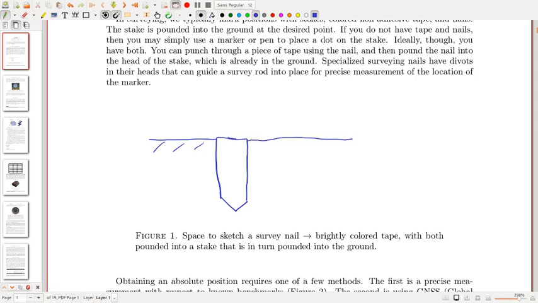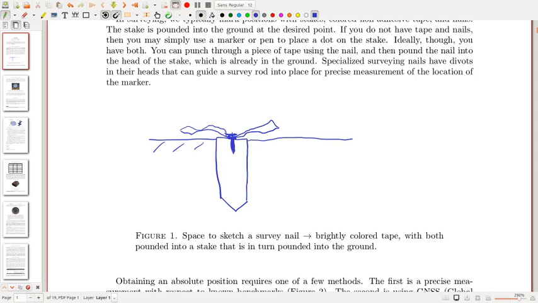We then add a piece of flagging, and so this could be some kind of ribbon or something that's brightly colored that comes off of that survey stake. And that's quite important to us because it helps us to find it. And then on top of that, we put a nail that holds it in, a big colored spike.